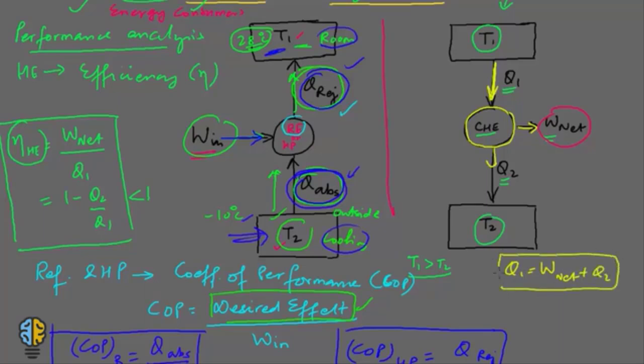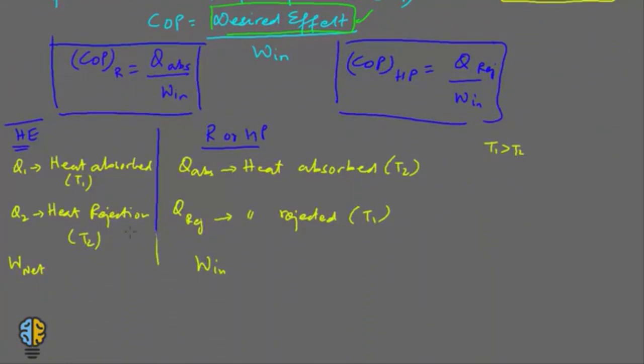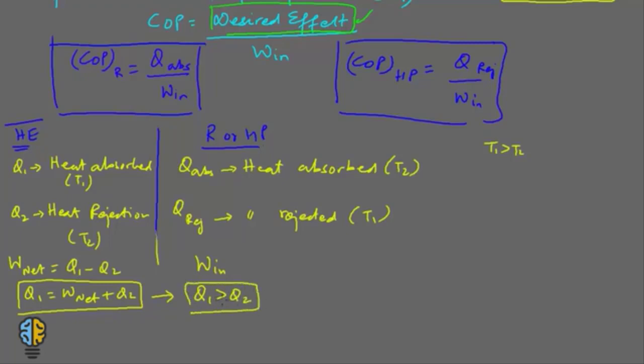So this is the relation between Q1, net work and Q2 for a heat engine. Okay, so let me write it down here. So this is equal to Q1 minus Q2, or I can say that Q1 is equal to W net plus Q2. Okay, this means that the heat absorbed is greater than the heat rejected for a heat engine. Alright.